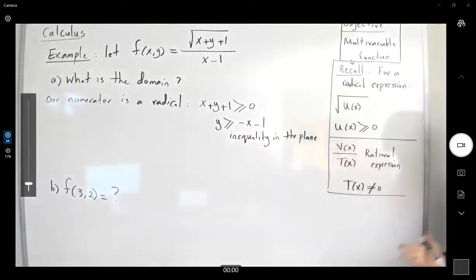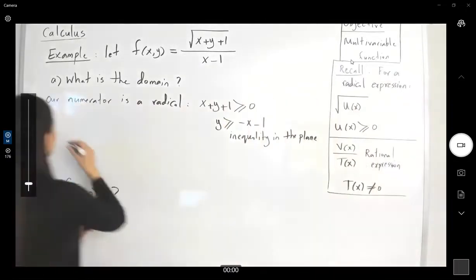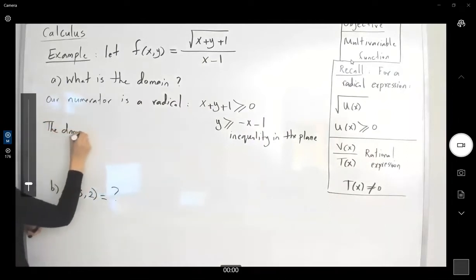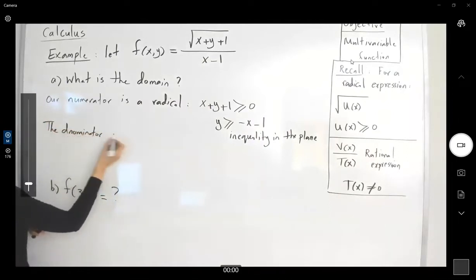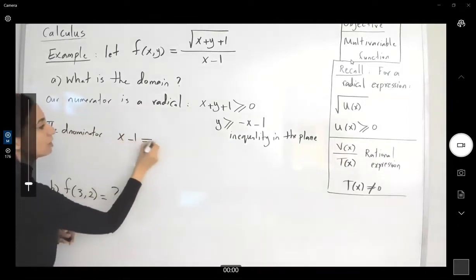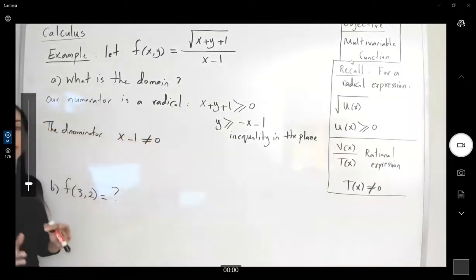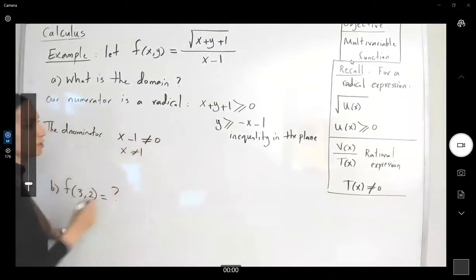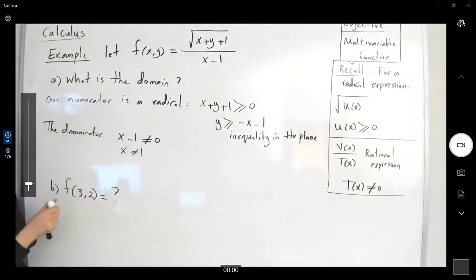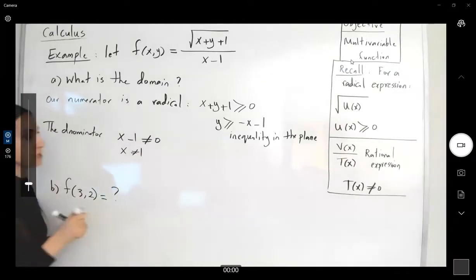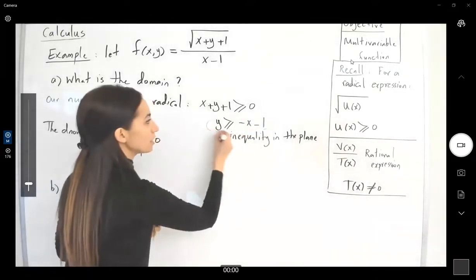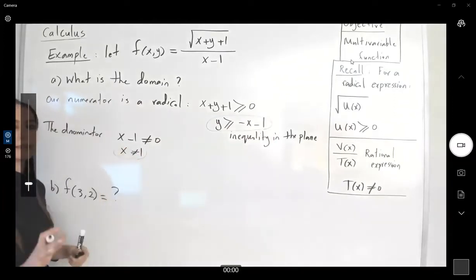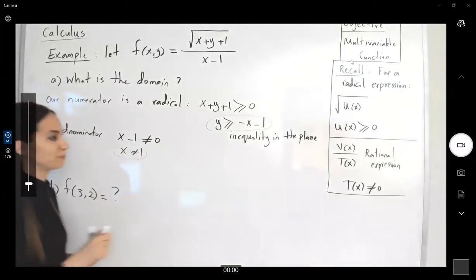Your denominator, x minus 1, cannot be 0. It means that x cannot be equal to 1. So far we have two results. The first result is an inequality, and the second result says x cannot be equal to 1.